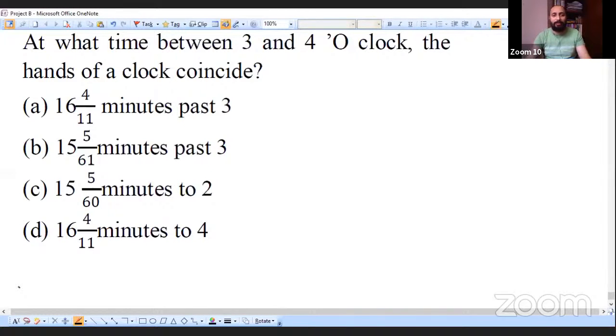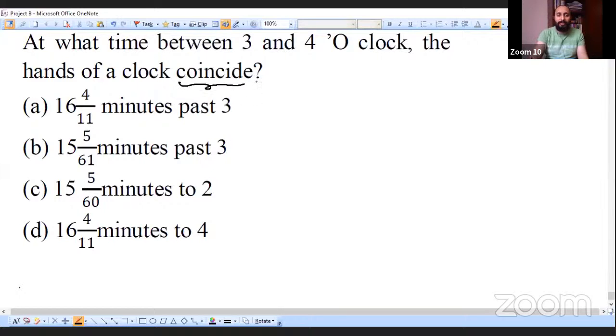What is the answer for this, people? Come on, anybody got the answer for this? The conversion would have been slightly an issue for you.